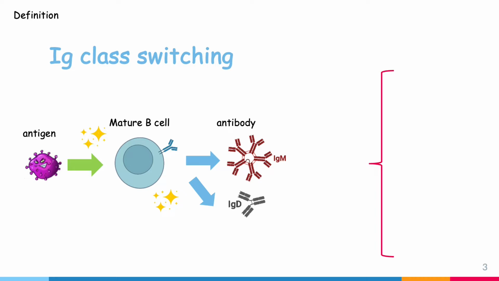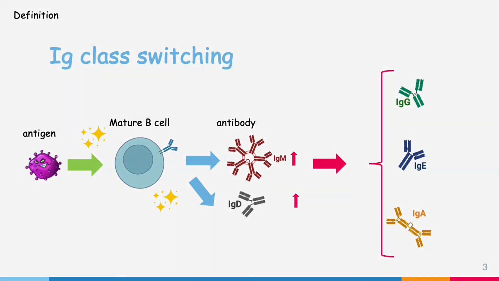These mature B cells then differentiate into antibody-producing cells. In this process, the production of secretory immunoglobulins increases and they produce IgG, IgE, IgA, and other antibodies in addition to IgM and IgD. This is called Ig class switching.